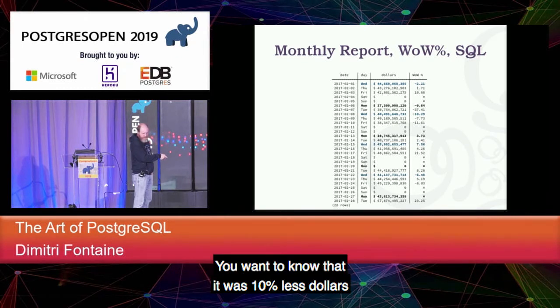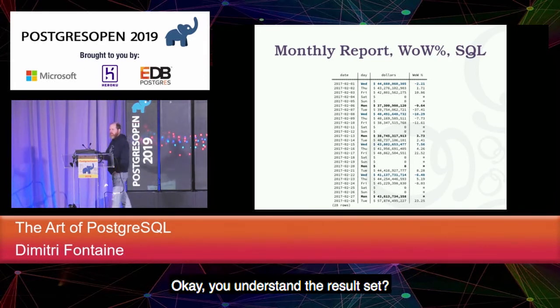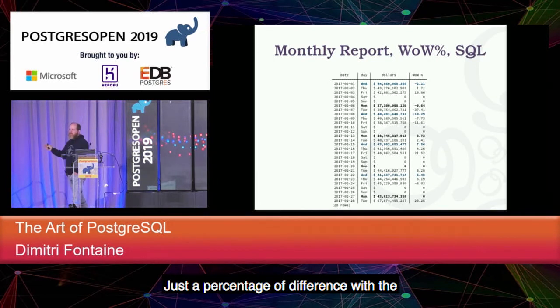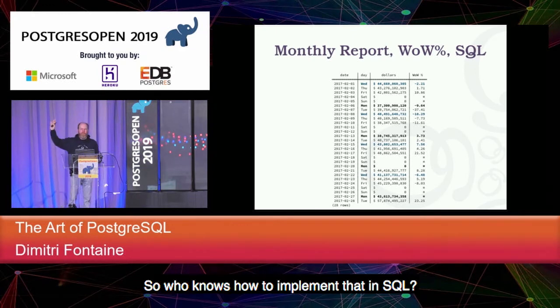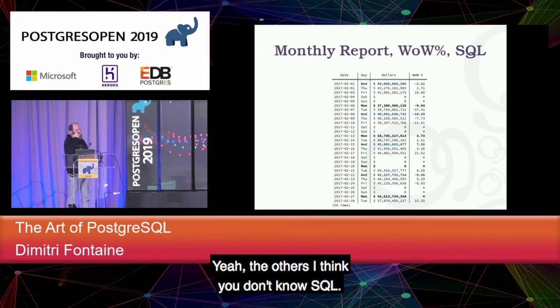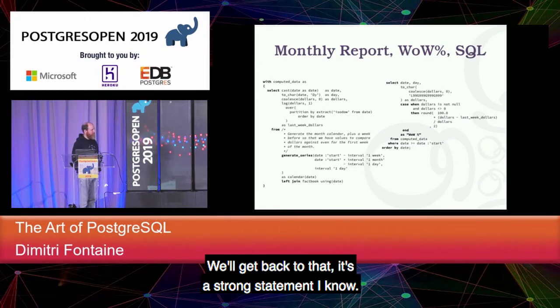You want to know that it was 10% less dollars exchanged than the previous Wednesday. Okay? You understand the result set? Just a percentage of difference with the previous day of the previous week, same day a week before. So who knows how to implement that in SQL? Okay, the others, I think you don't know SQL. I'm sorry. We'll get back to that. It's a strong statement, I know.